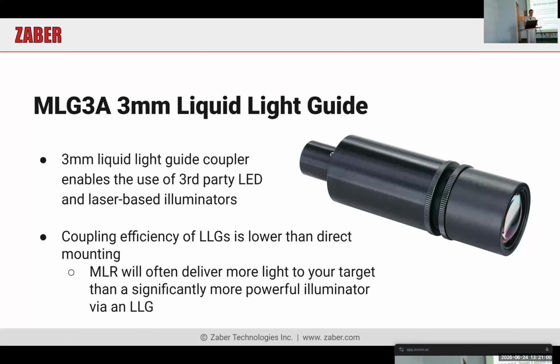So if you find an illuminator that's twice as powerful as ours, and then you plug it in, you won't actually get any real benefit. So if you are looking for more powerful illumination, you need to go an order of magnitude. Just 1 or 2x, 2 or 3x, is not going to have a huge impact if you're going through a light guide.